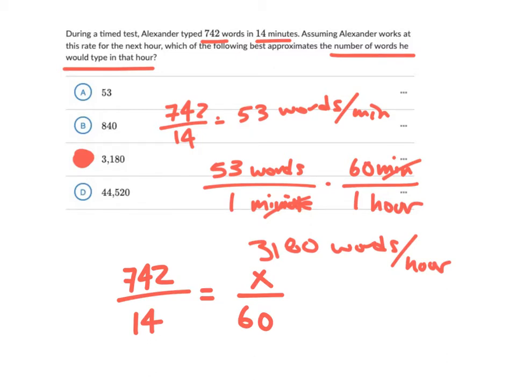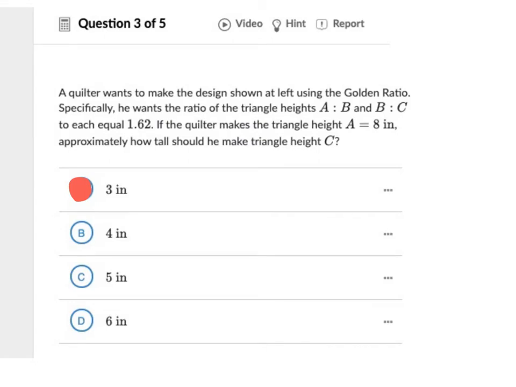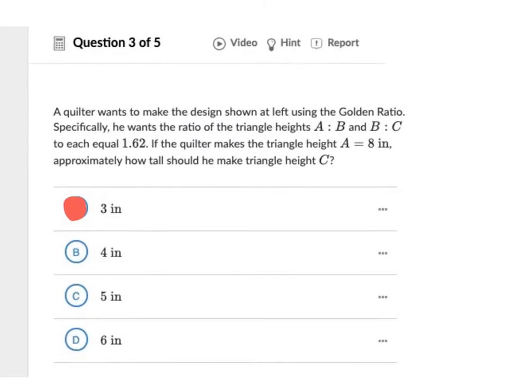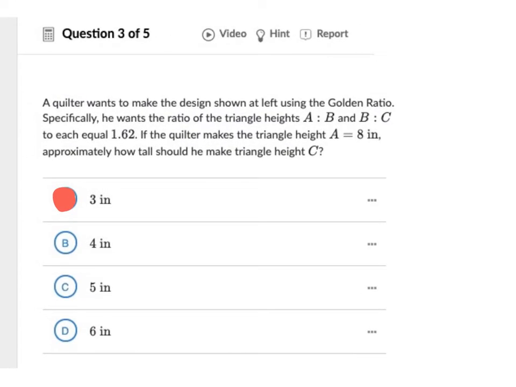All right. I set up proportions on this. So what you have, and this is just to kind of talk about it, when it tells you he wants the ratio of the triangle heights A to B and B to C to each equal 1.62, okay?